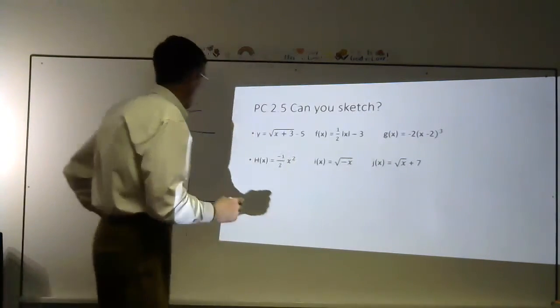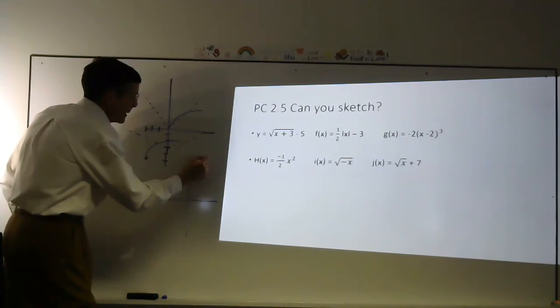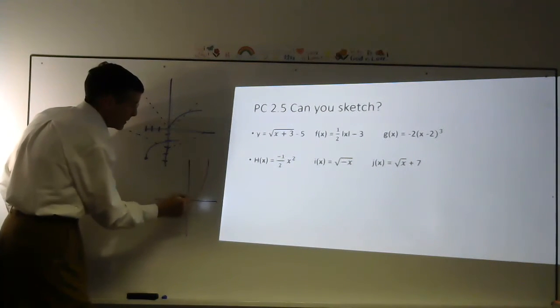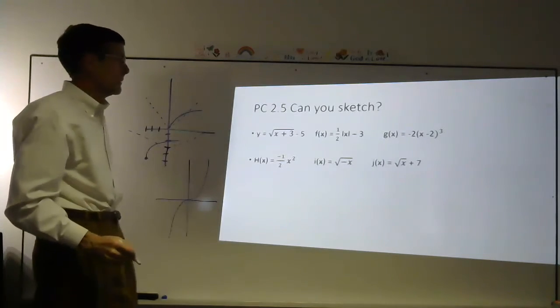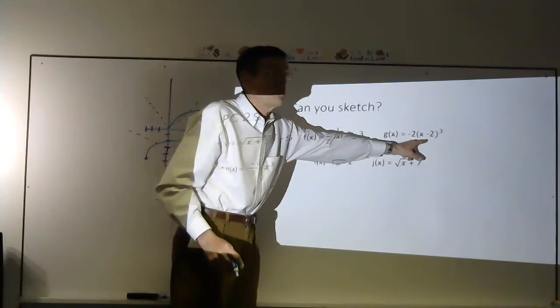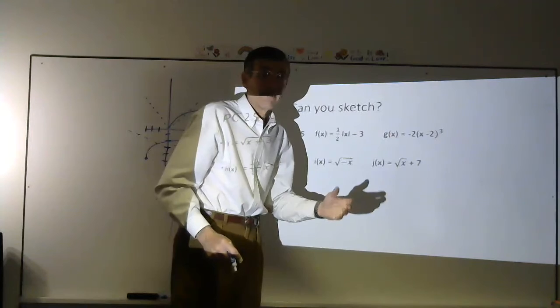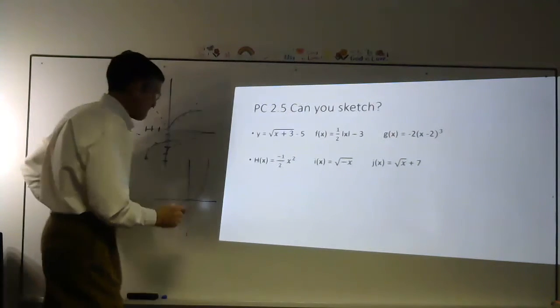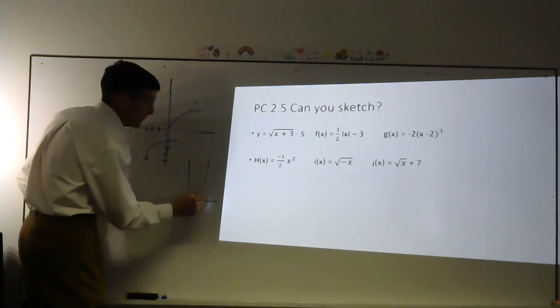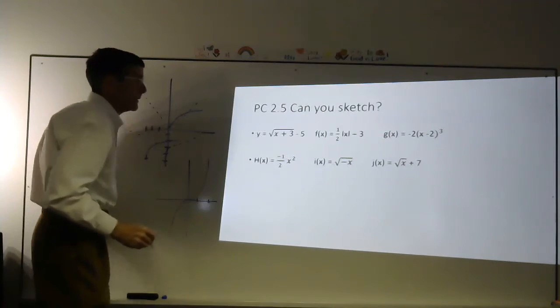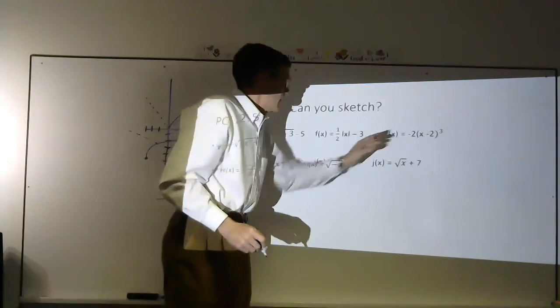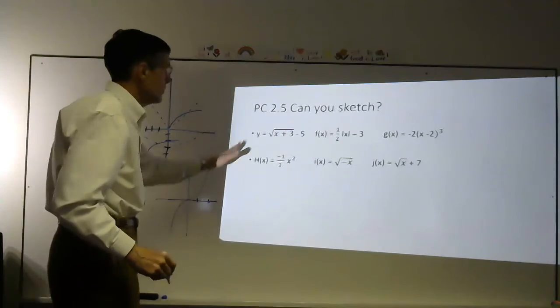Cubic. You know what a cubic looks like? A basic cubic. Now, a -2 with the x should move it to the right. 2 over here. And it would still look like a cubic.